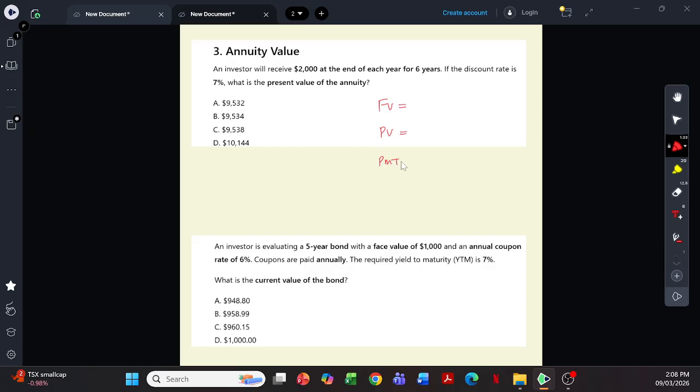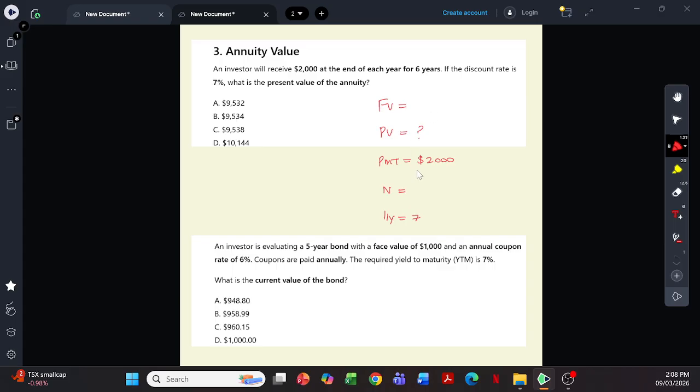It helps me make sure that I have the right variables that we're working with. We're going to receive 2,000 as the payment. If the discount rate is 7%, what is the present value of the annuity?